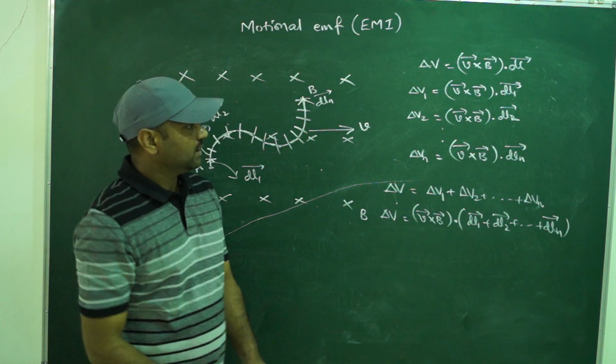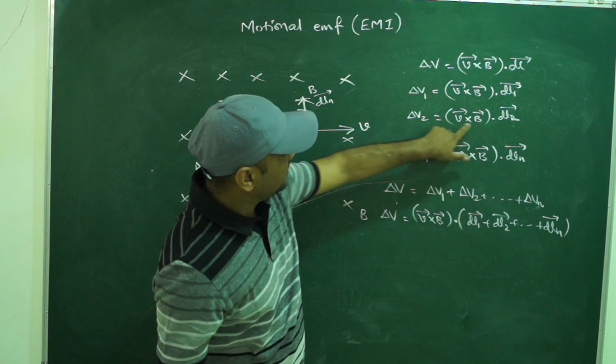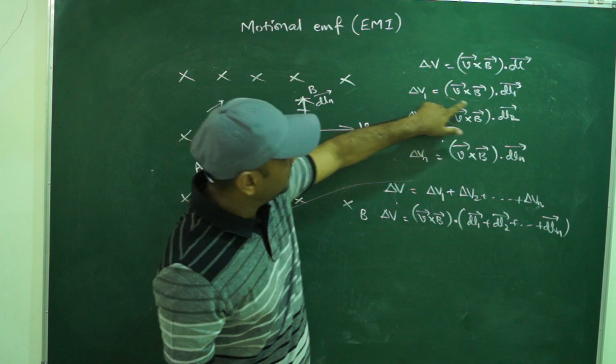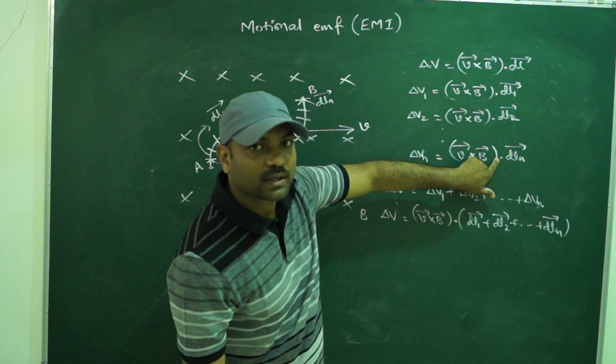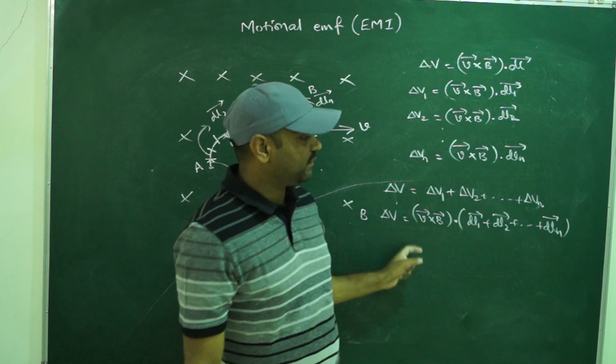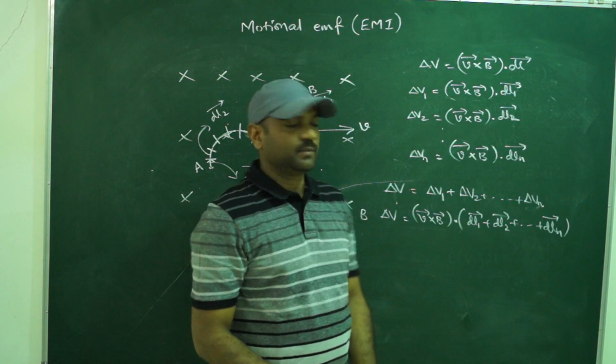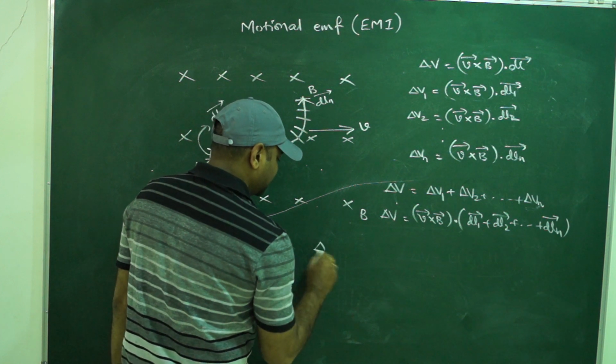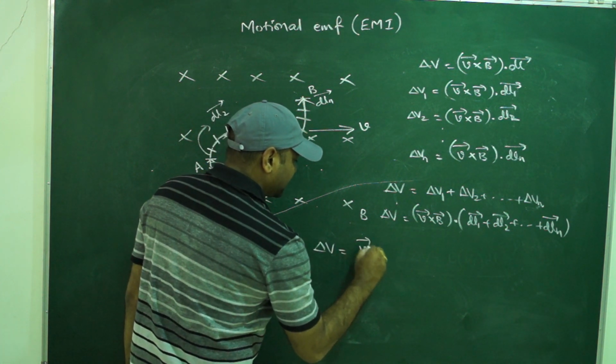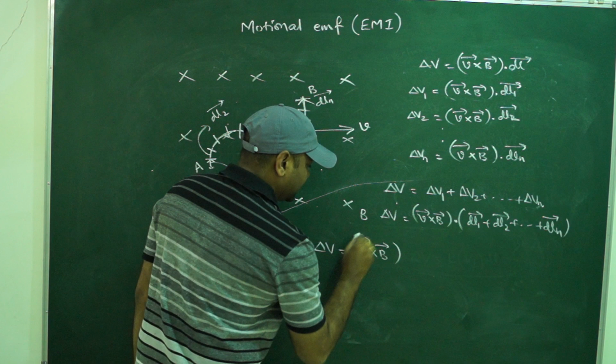Taking v bar cross B bar common in every term, the dot product follows the distributive law. So delta V is equal to (v bar cross B bar) dot.